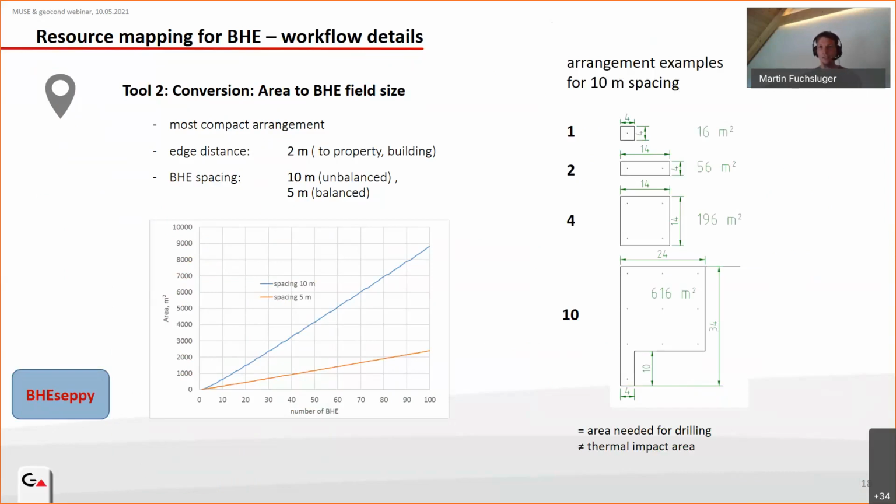For 10 meters, for example, you can see for 1, 2, 4, and 10 borehole heat exchangers how much area they need. So we don't set the points in the free space. We just calculate from the area to the number of points, and vice versa.